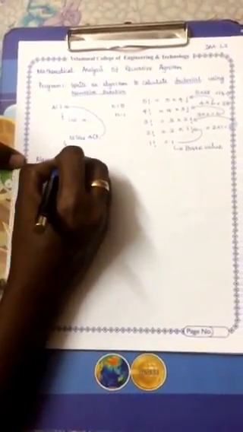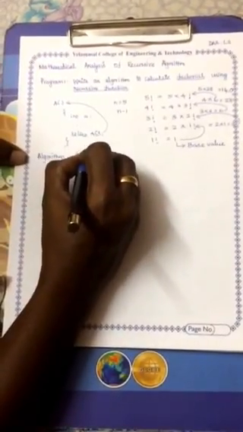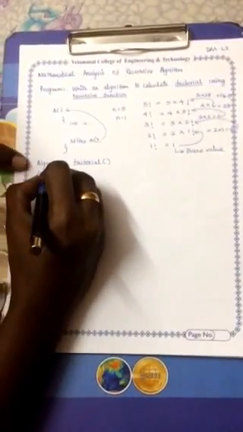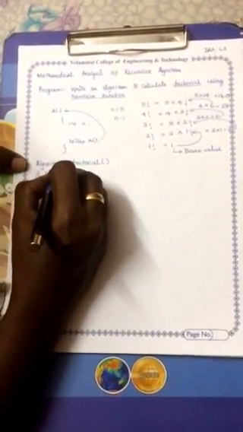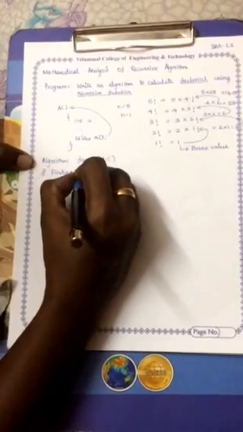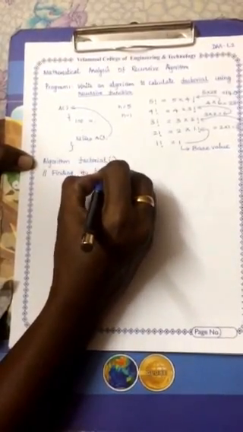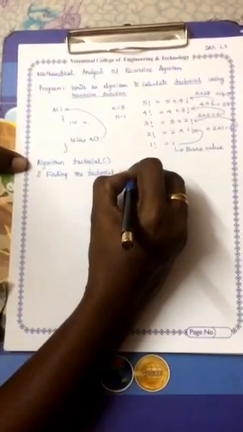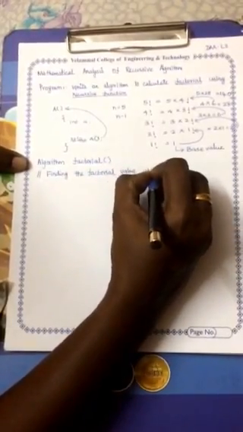So we are going to write an algorithm. As we know, the algorithm always starts with the keyword algorithm, and here we are going to write the program for factorial, and description, finding the factorial value using recursive function.